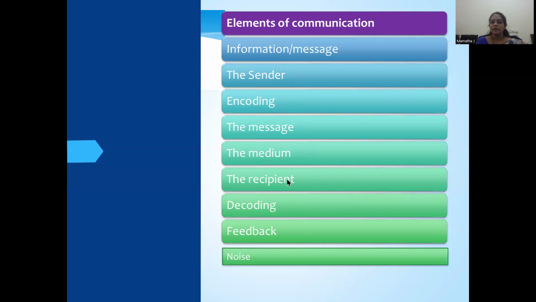The receiver will receive the message first, then will try to understand it and detach the encoded meaning from the message, and then gives back the feedback to the sender so that the sender will understand whether the receiver has understood the message in the proper way or not. And while the message is being passed on through the medium, there might be noise which causes disturbance or disrupts the passage of the message. So these are the elements of communication.